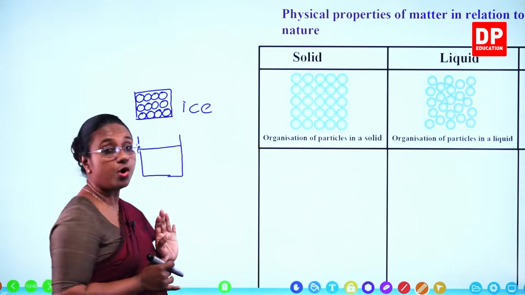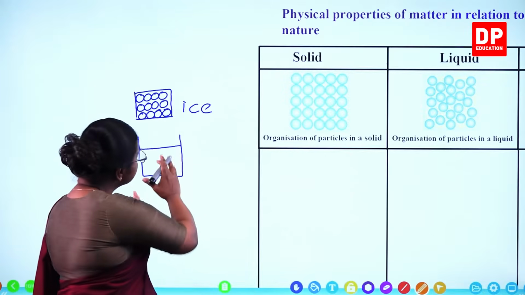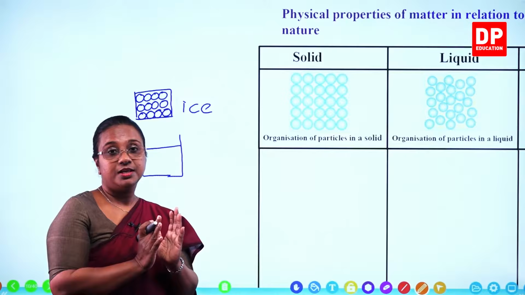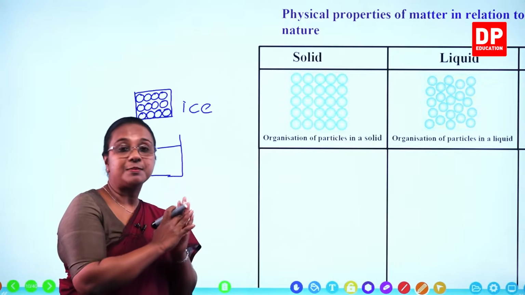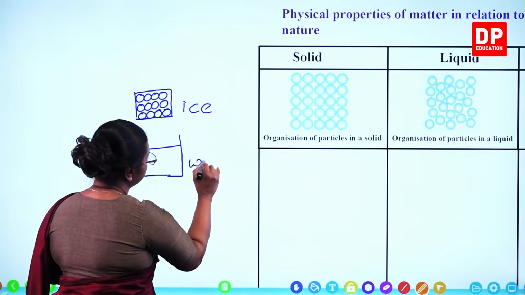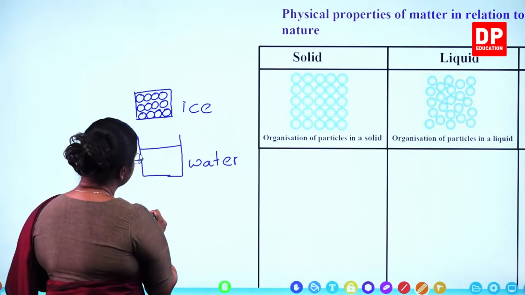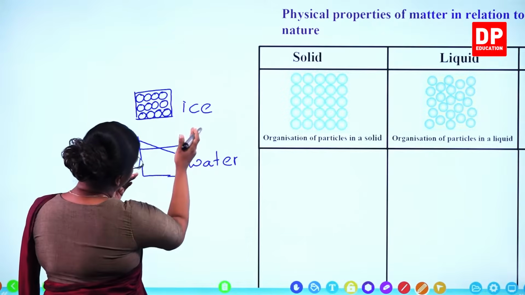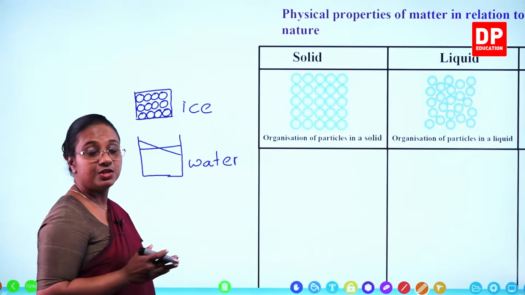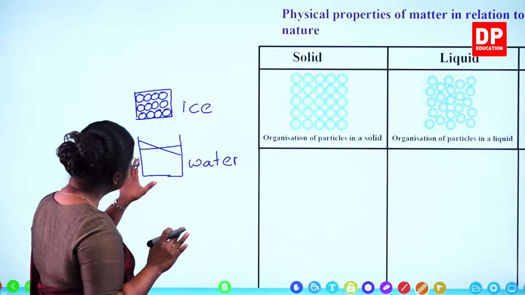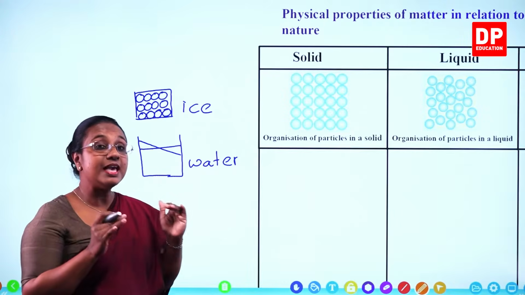But if you take water, if you tilt this container, you can see the water will move. It will move and come to a different point. So, this is water. If you tilt the container, you can see the water coming like this or in the other angle. So, there water can move to a certain extent, but the same water has the same volume.